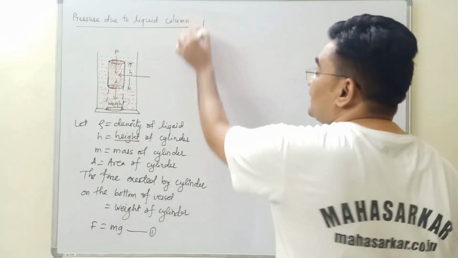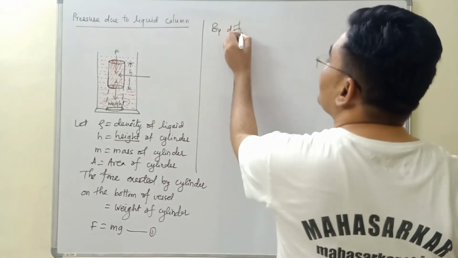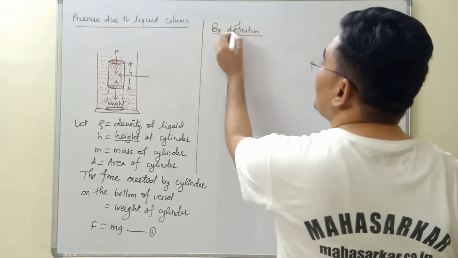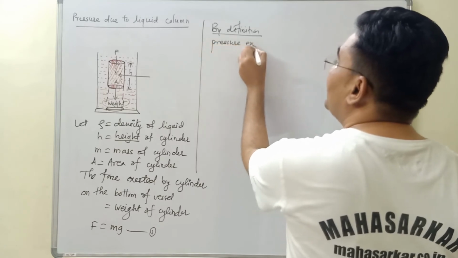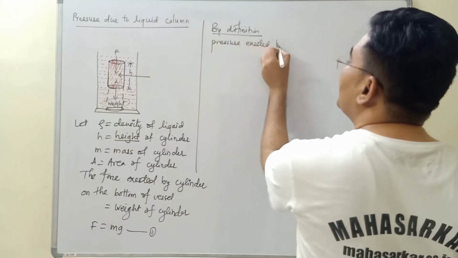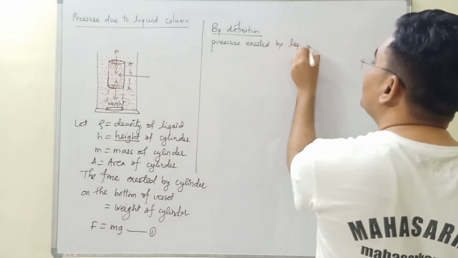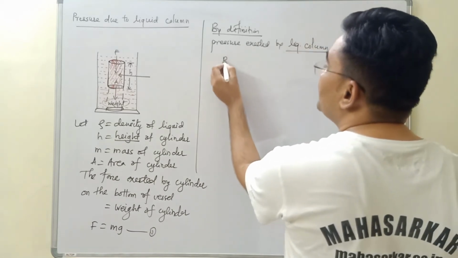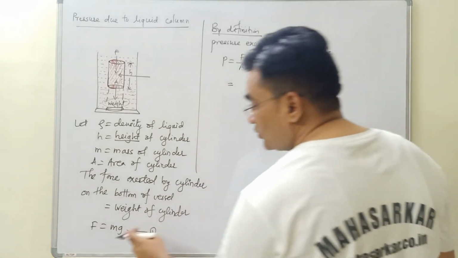So I will say here, by definition, the pressure exerted by the liquid column is P equal to force upon area. What did I say force is?